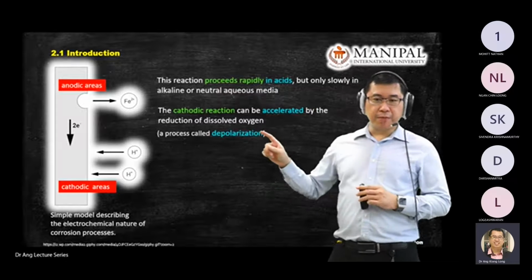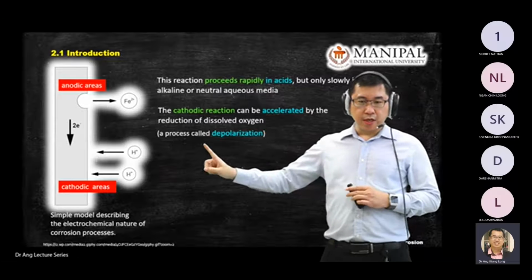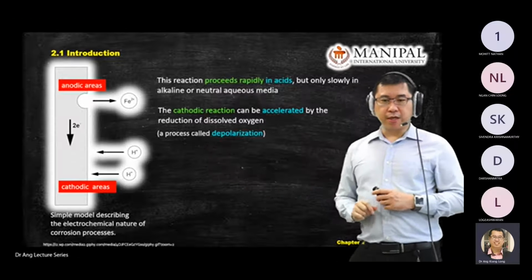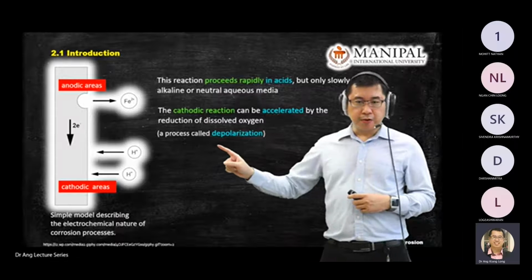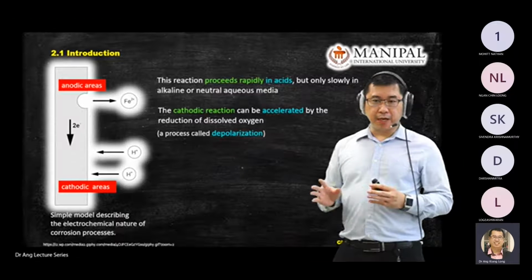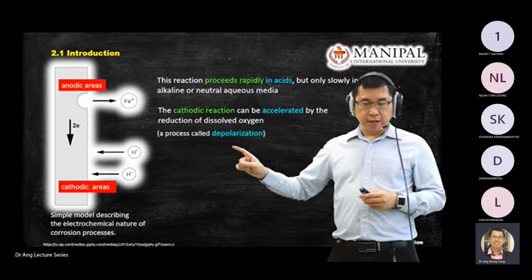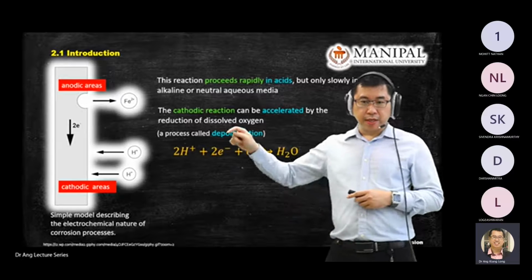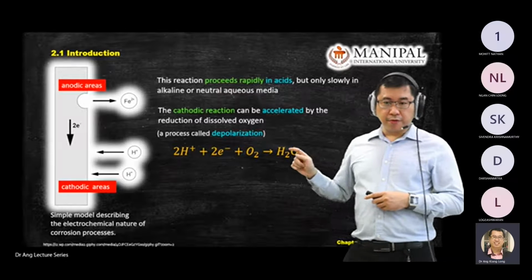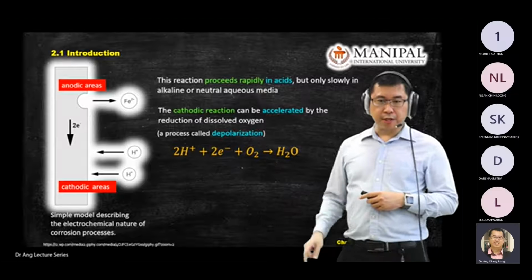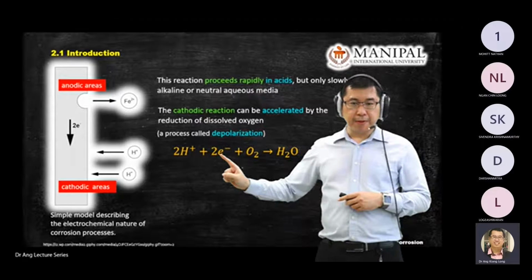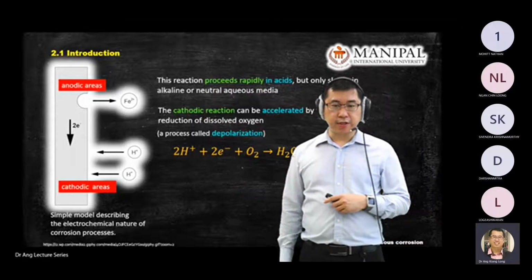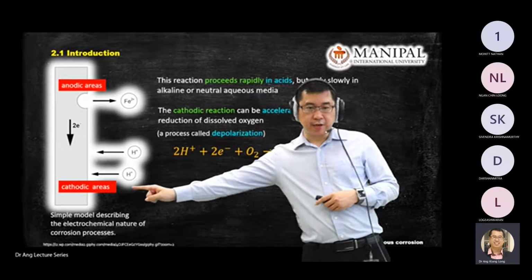We mentioned this before in chapter 1. Remember, in corrosion engineering, you have to be familiar with depolarization. Depolarization deals with oxygen. This is what happens in the cathodic area.